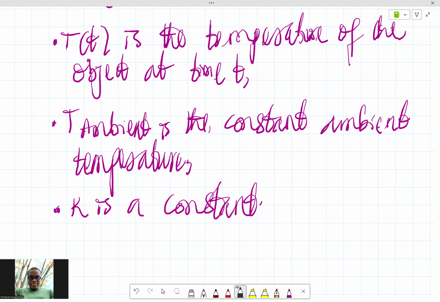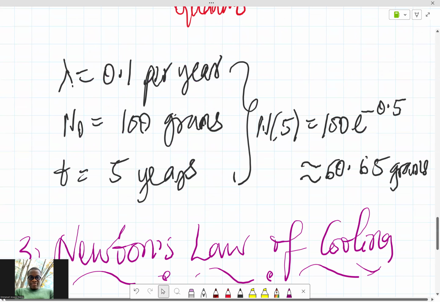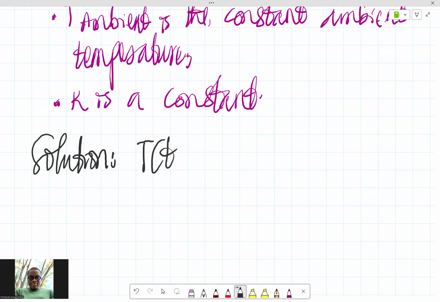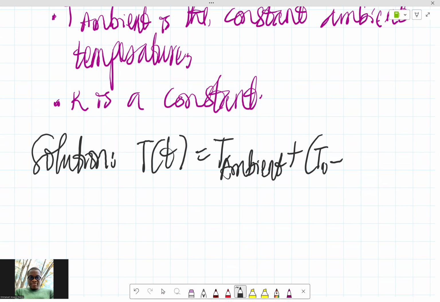If you solve that particular problem, you have the solution. The solution is T of t equals T ambient plus T naught minus T ambient multiplied by e raised to the power minus Kt, because the temperature is actually cooling.